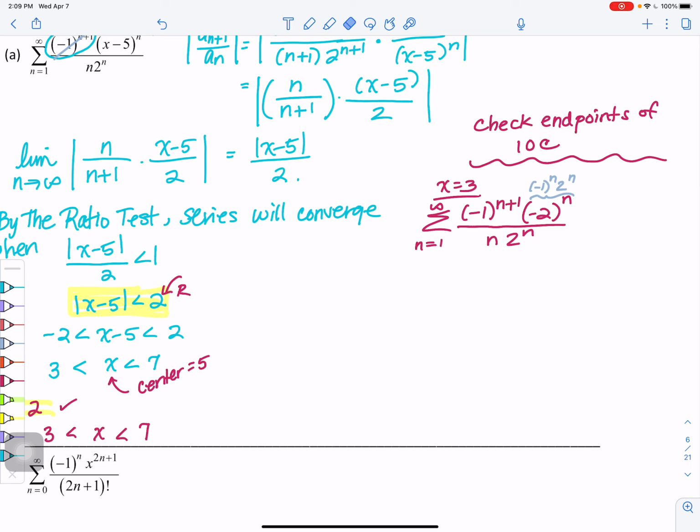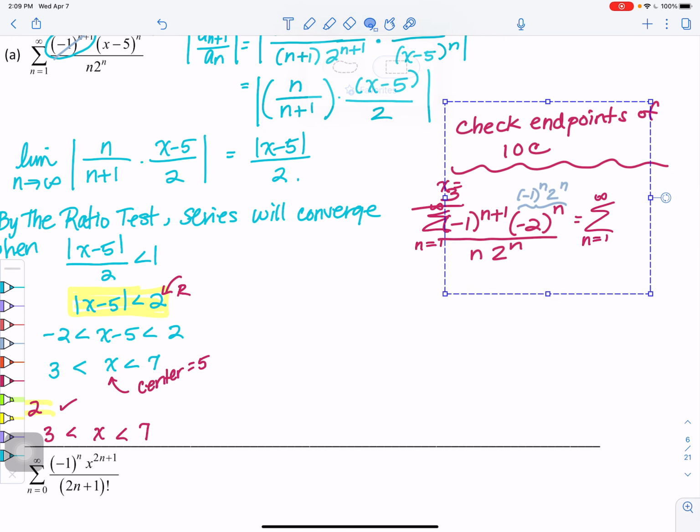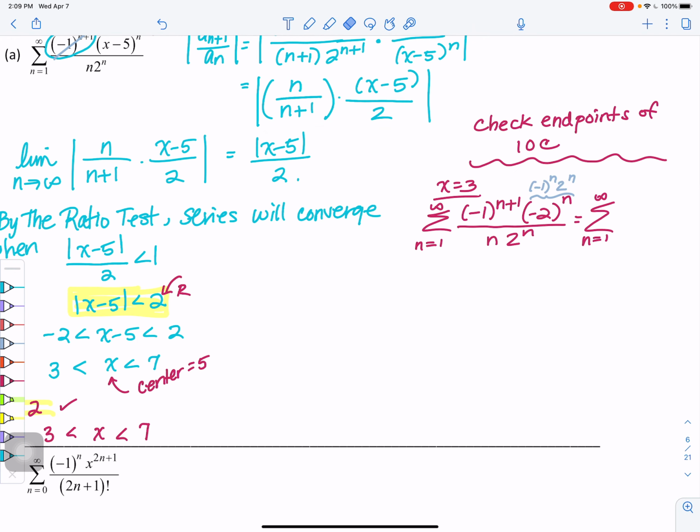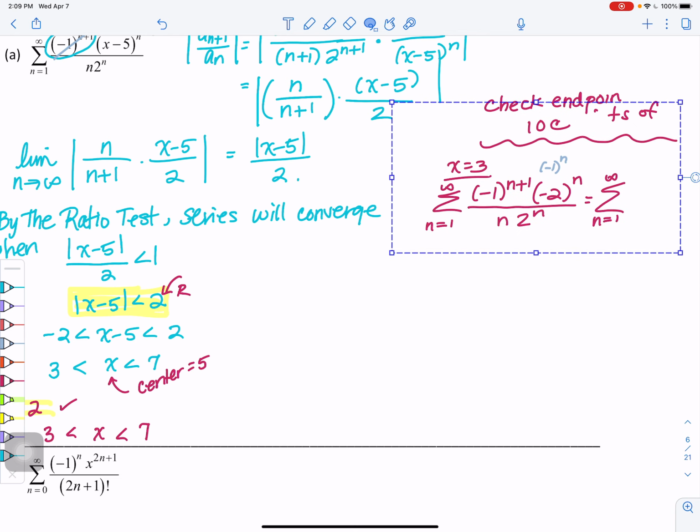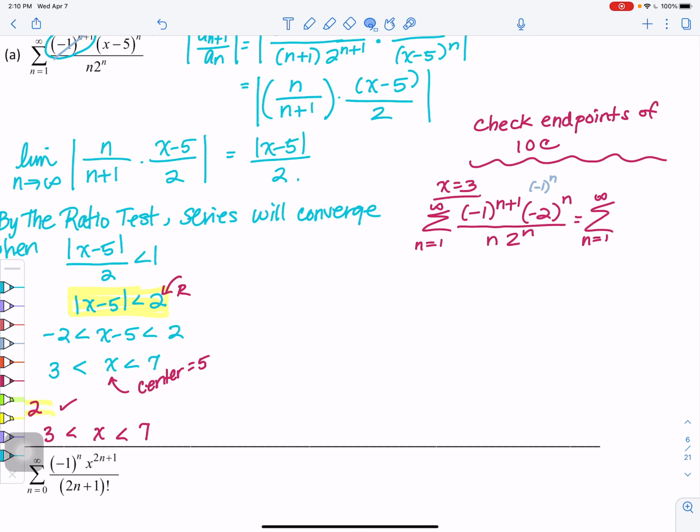Let me write this below. I'd like to move that up a bit, and that's not working, so I do need to rewrite this. Let's just erase this and go right below it.